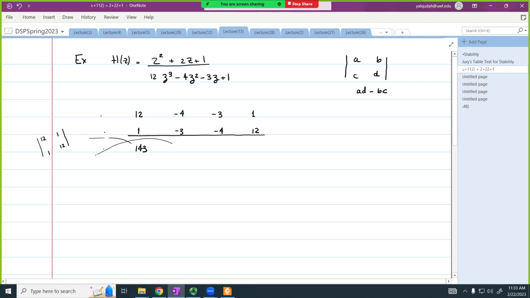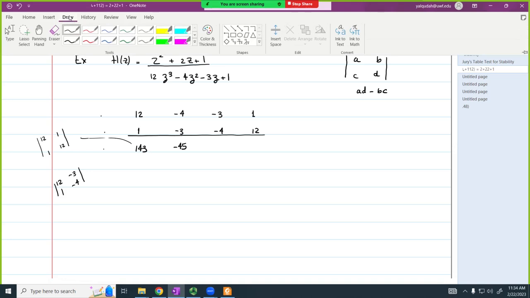What goes in here? I take the determinant of 12 and 1, negative 3 and negative 4. 12 multiplied by negative 4 plus a 3 is going to give me negative 45. Would it be negative 52?